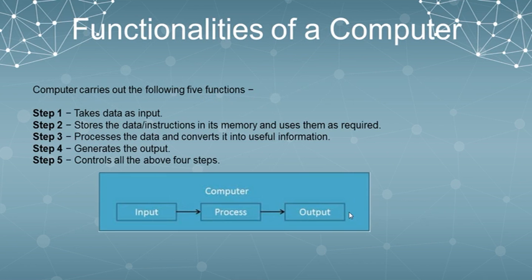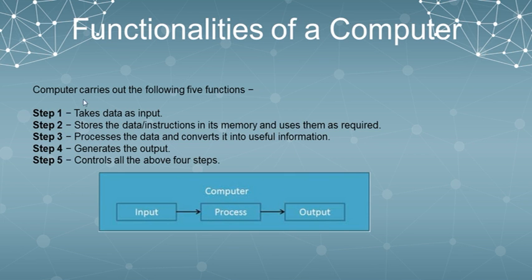So let's begin the next part, functionalities of a computer. These are the following functionalities of a computer. Basically you can see in this figure there are only three functions: input, process, which contains a number of steps, and then output last.